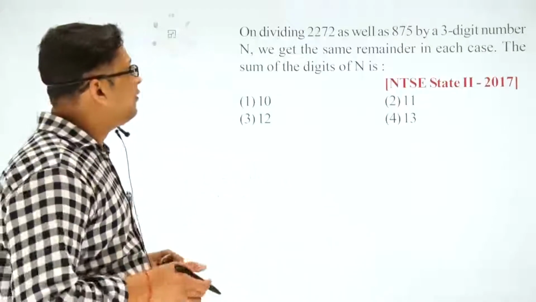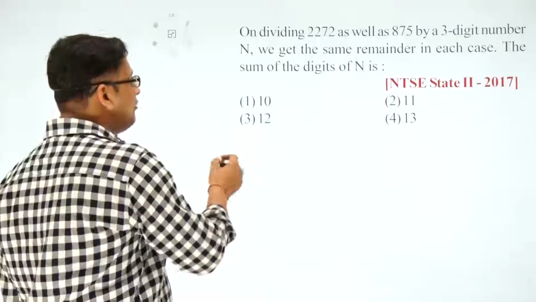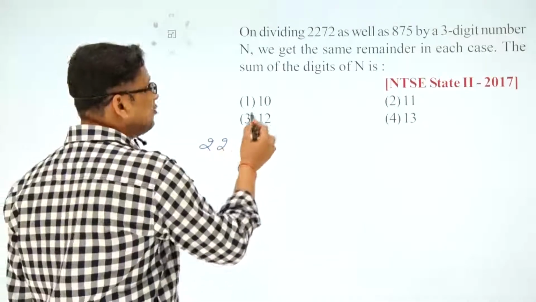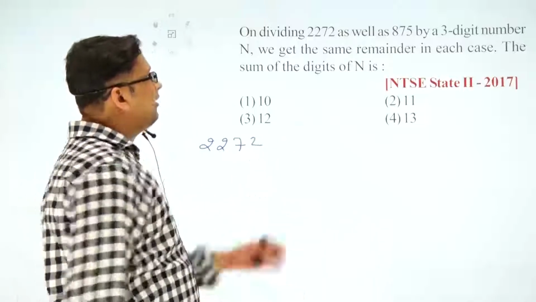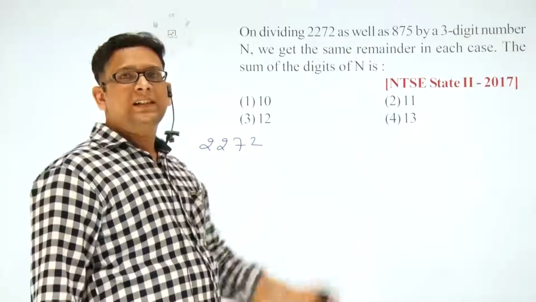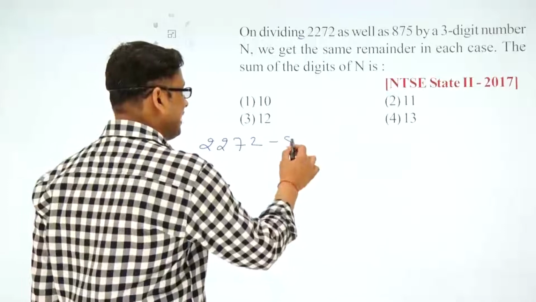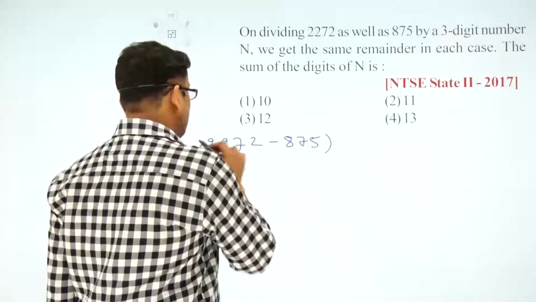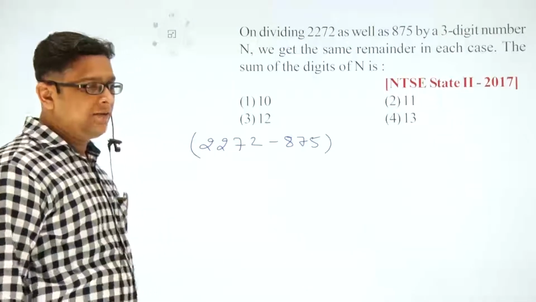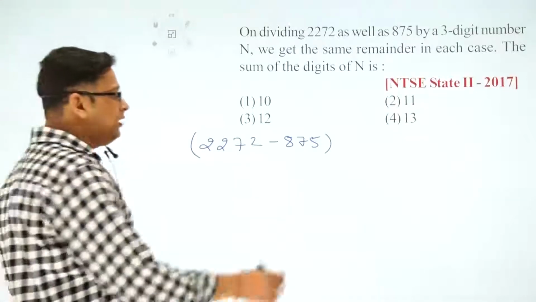So here we have to find the number, and to do that we subtract these two numbers, the dividends 2272 and 875. After subtracting we get 1397.